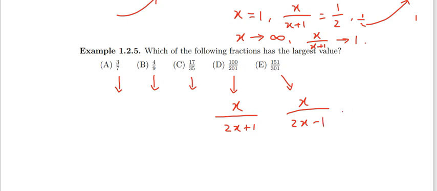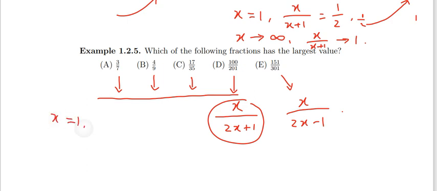So at first let's check these four, which one is bigger. We check those numbers: when x becomes big, do these numbers increase or decrease? When x equals 1, this number is 1 over 3.